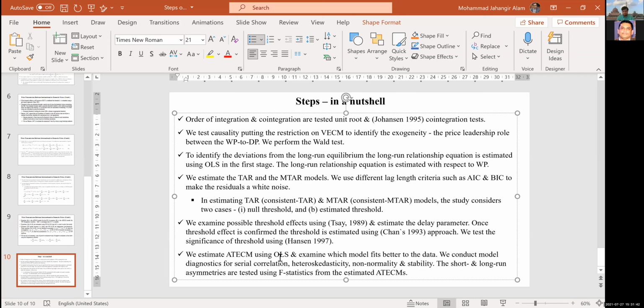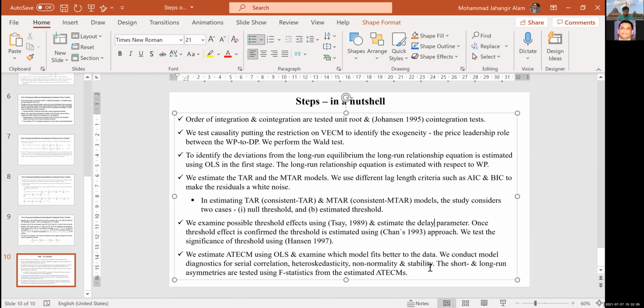It's possible to do OLS, the SUR or the VECM, and then examine which model fits better to the data. We conduct model diagnosis tests, and it's not only the model selection criteria, but you also do other diagnostic tests, for example, serial correlation LM test, heteroscedasticity, non-normality, stability.